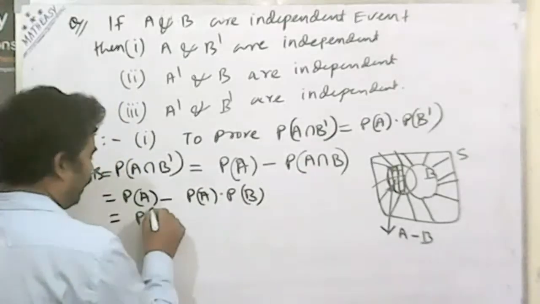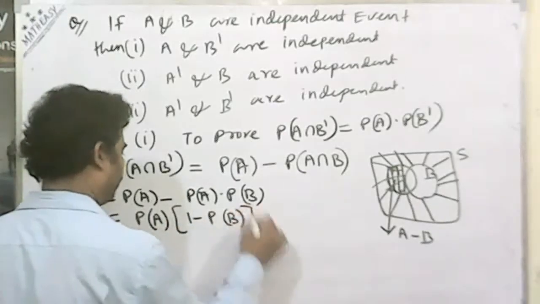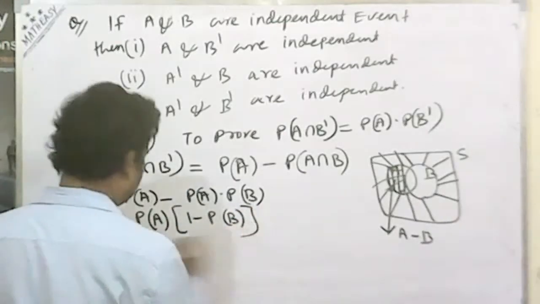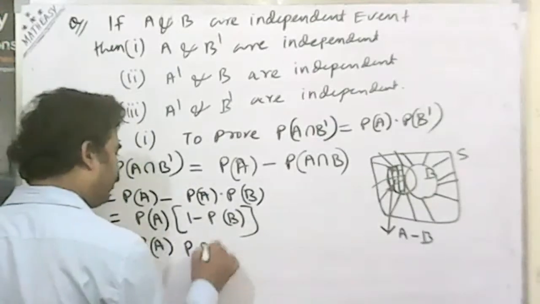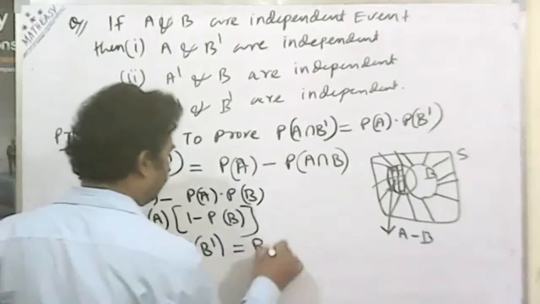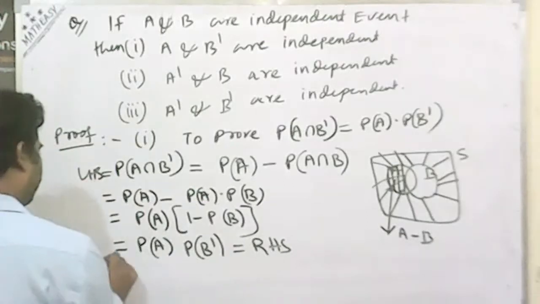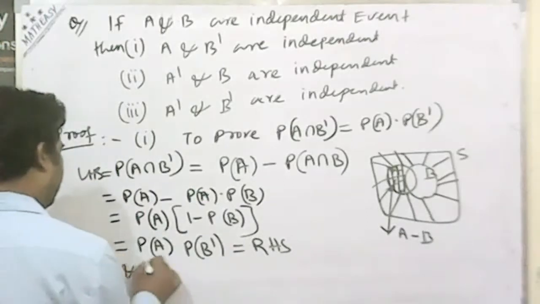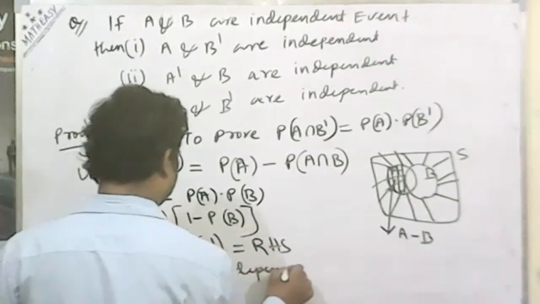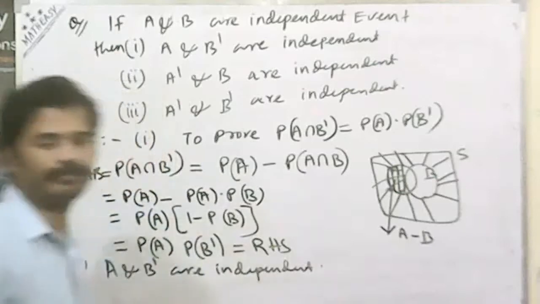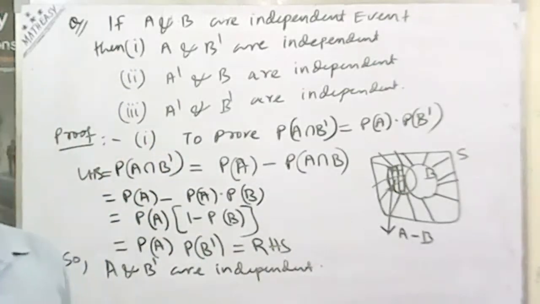So probability of A taking common, 1 minus probability of B, it means probability of A into probability of B dash, which is RHS. So A and B dash are independent.